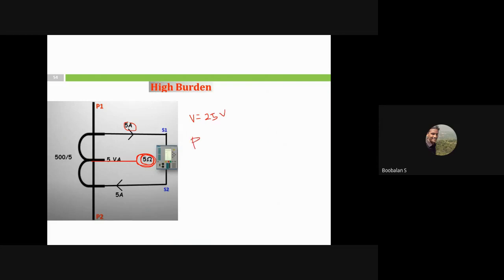And then the power across this load is 25 volts into the current flowing through this circuit, 5 ampere. So 5 into 25 is 125. It will be very high for this total demand, and that's why it's called a high burden.